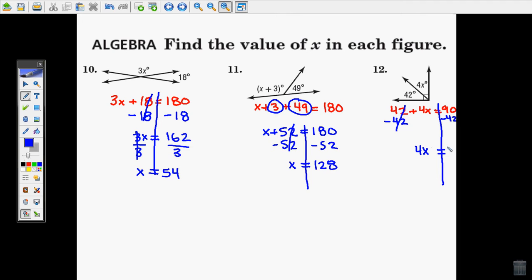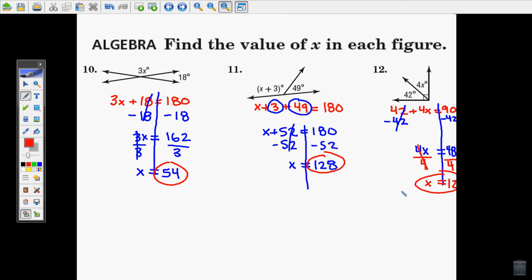If I can fit it in there. There we go. All right, so from here I'm just going to divide both sides by 4 to break that x apart so that I see that x equals 12. So 54, 128, and 12 for our answers.